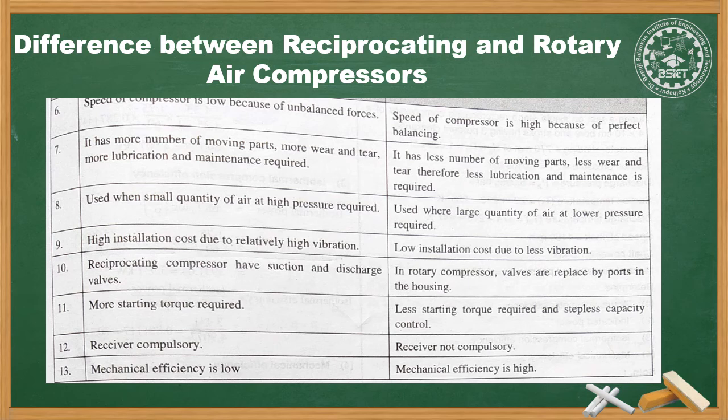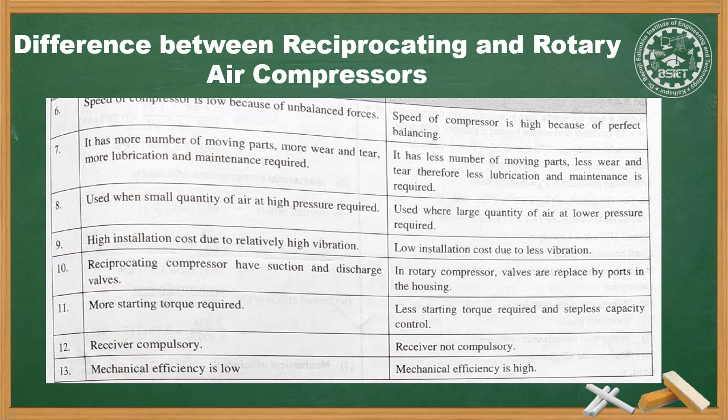There is high installation cost of reciprocating air compressor due to relatively high vibration, and rotary air compressors have low installation cost due to less vibration. Reciprocating compressors have suction and discharge valves, whereas in rotary compressors valves are replaced by ports in the housing.